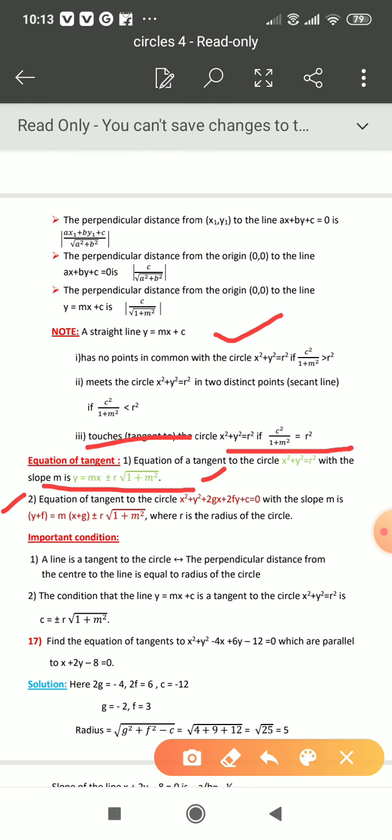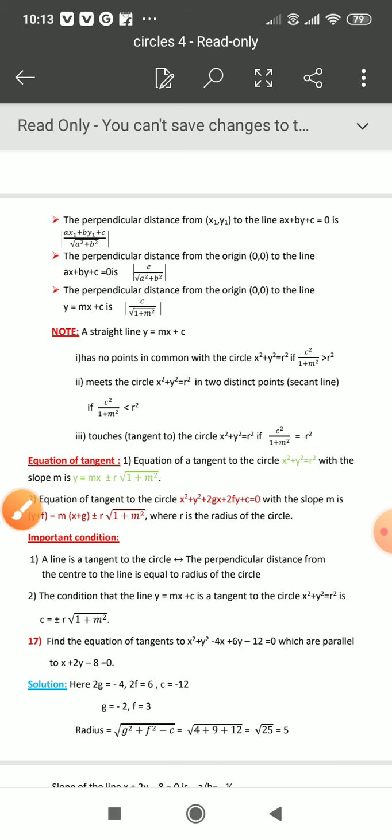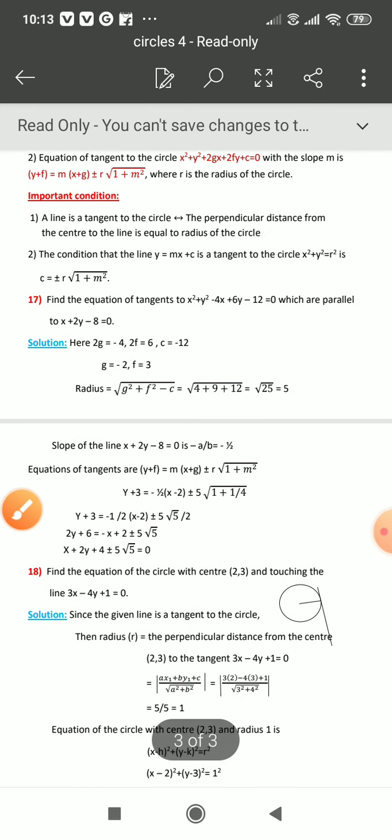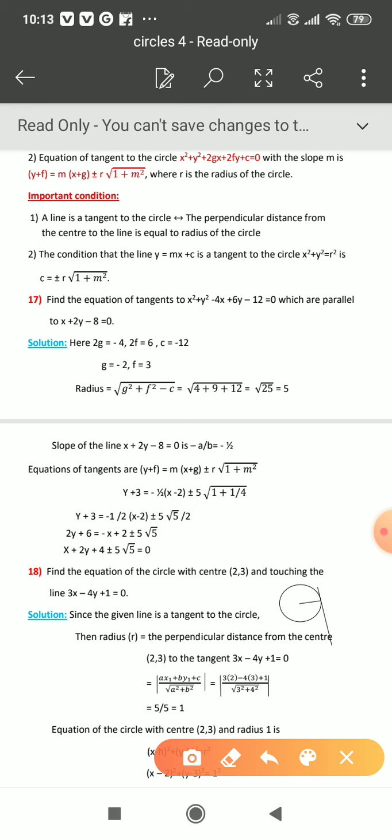So now, important conditions for tangents. Now we discuss important conditions for tangents. First of all, a line is a tangent to the circle if and only if the perpendicular distance from the center to the line is equal to the radius of the circle.